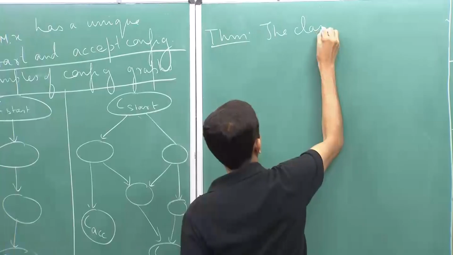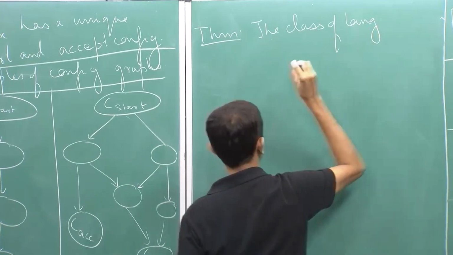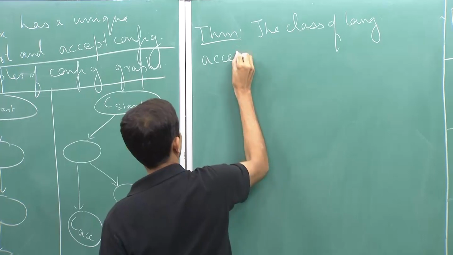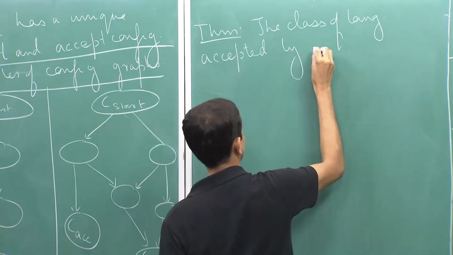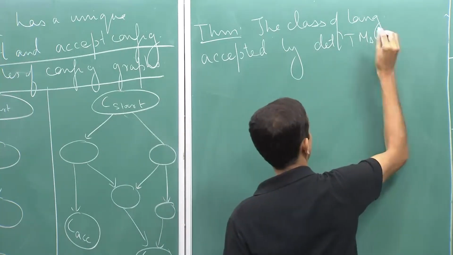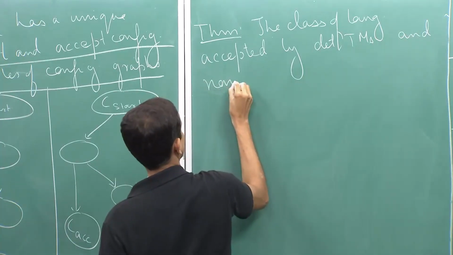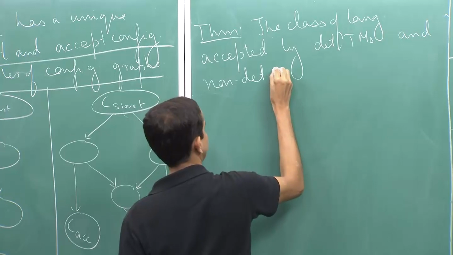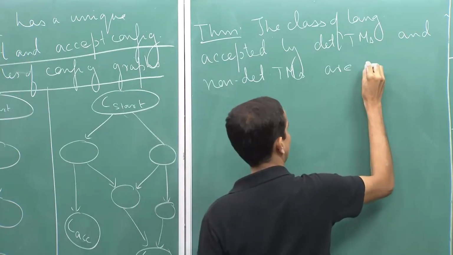The class of languages accepted by deterministic Turing machines and non-deterministic Turing machines are the same.